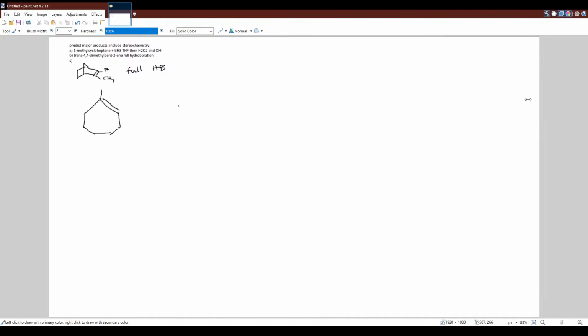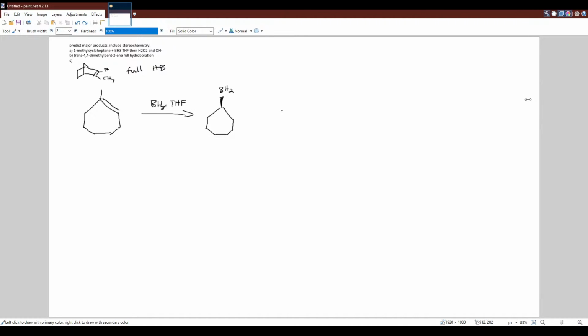And then we have to do the full hydroboration. So if we do the BH3·THF here, we can attack from either into the page or out of the page. So it could either be like this, with the methyl pointing in like that, or, whoa, what am I doing?